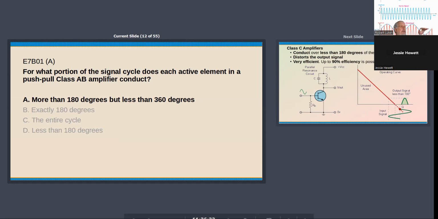For the B, okay, the signal comes in, so it has to get up to the bias voltage in order to conduct. And the negative cycle has to do the same, so you've got this little band in there where it's not conducting.